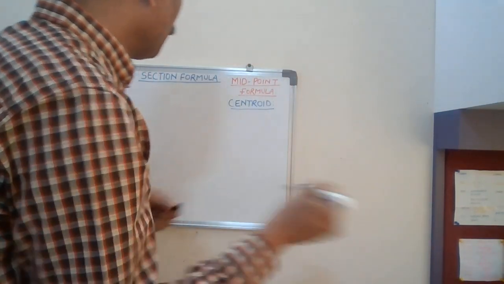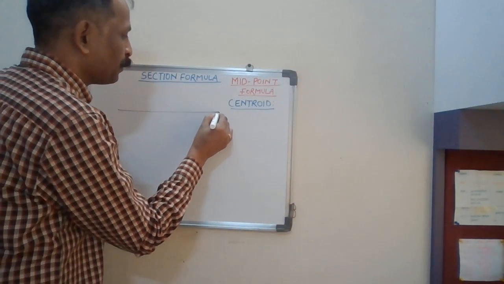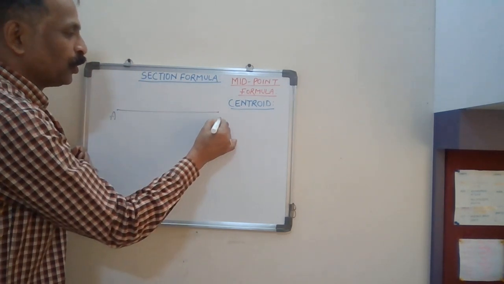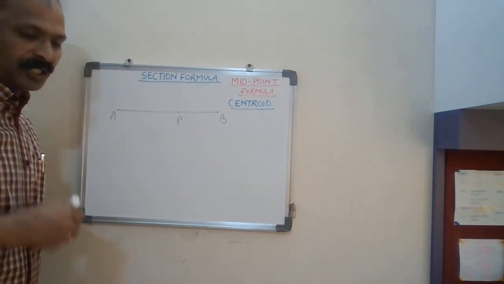Let us begin with section formula. So you have to remember, you draw a line. Whenever you solve any sum, draw a line and mark 2 points A and B, and there is one point P in between. Understand the logic.